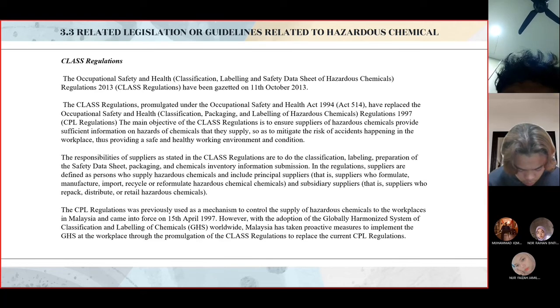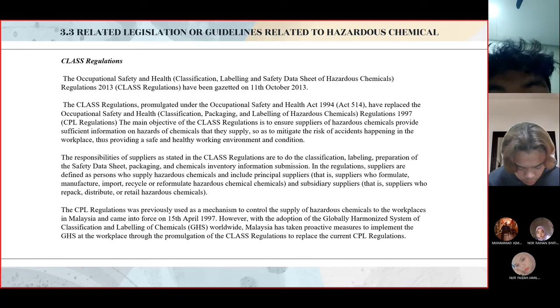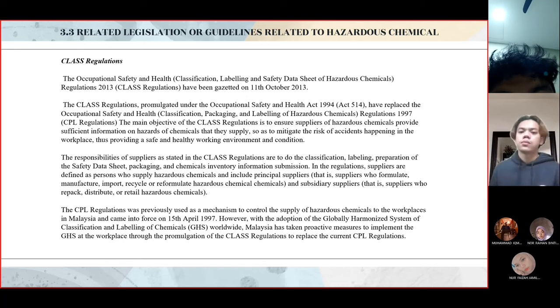The responsibilities of suppliers as stated in the CLASS Regulation are to do classification, labeling, preparation of the safety data sheet, packaging, and chemical inventory, and include the principal supplier, that is, a supplier who formulates, manufactures, imports, recycles or reformulates hazardous chemicals, and the subsidiary supplier, that is, a supplier who repacks, distributes, or retails hazardous chemicals.